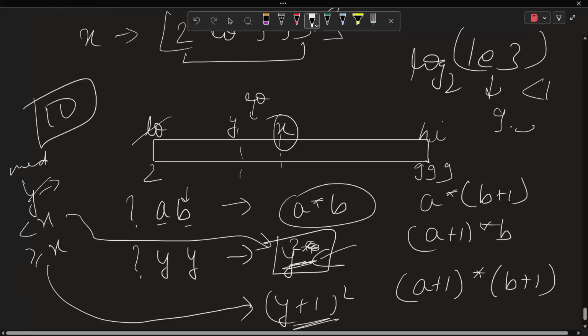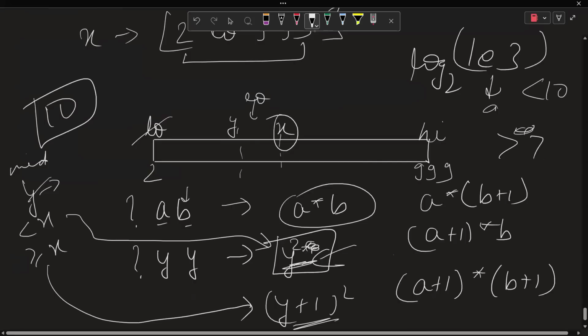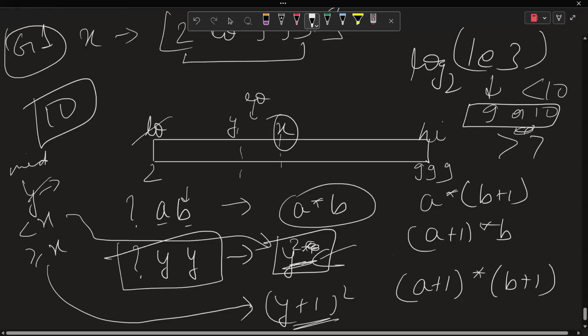You can say this is less than 10, but it's still greater than 7. So in the worst case, you would be able to do this in 9 or 10 queries. So you would be able to solve the problem G1 using this approach, where you are always passing queries question mark Y Y. So this is the approach for G1.